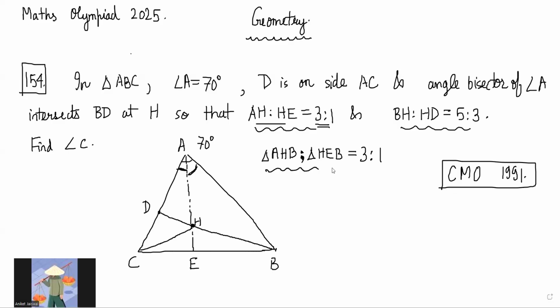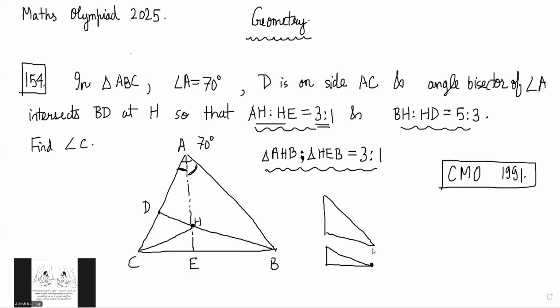Do you understand what I'm saying? Yes, sir. They start from the same point and have the same line as the base. The only thing is that the size of the base is different. So height is same, base is different. So we know the ratio of the areas here.